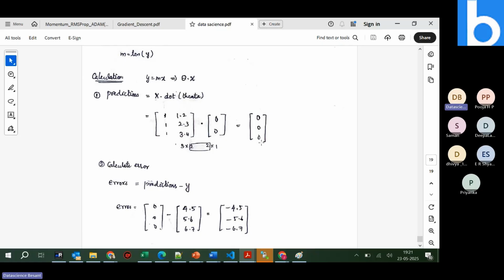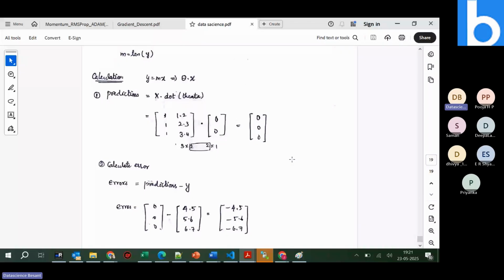If you multiply the 2 matrices, you'll get 0, 0, 0, because the B matrix is 0, 0. So anyway, the output matrix also will be 0, 0, 0. Do you want me to do that? No, I will practice by myself. And yeah, you try to check it. If not, you reach out to me. Okay, sir. Thank you.